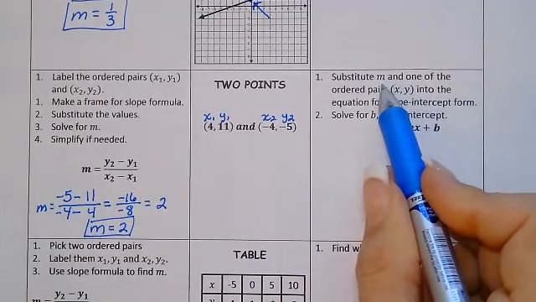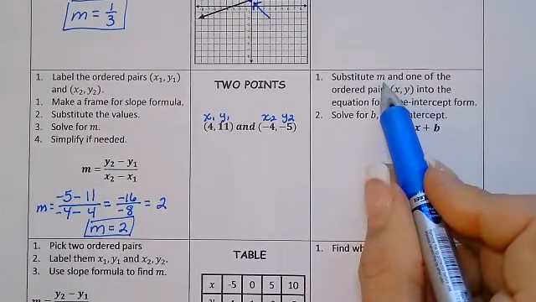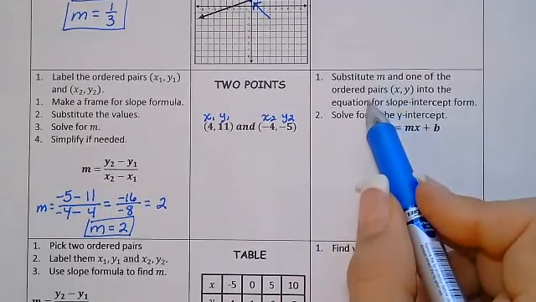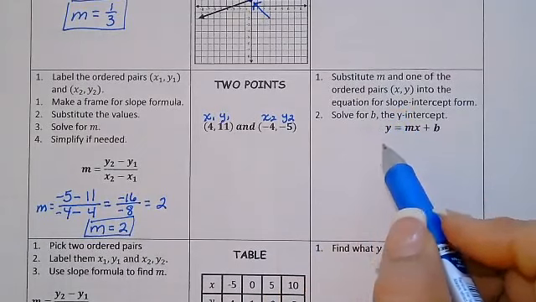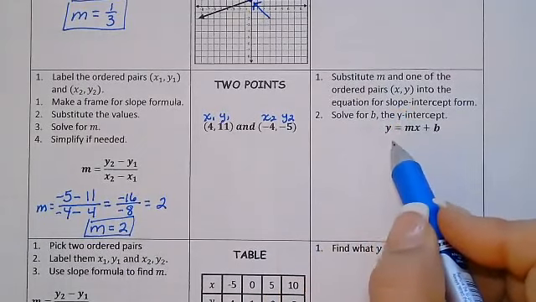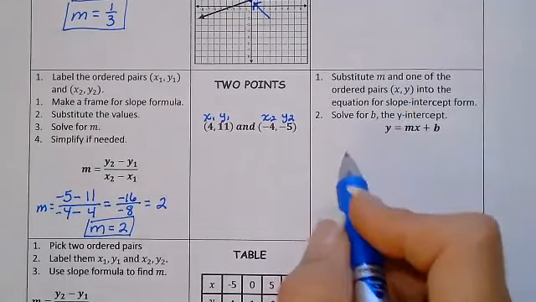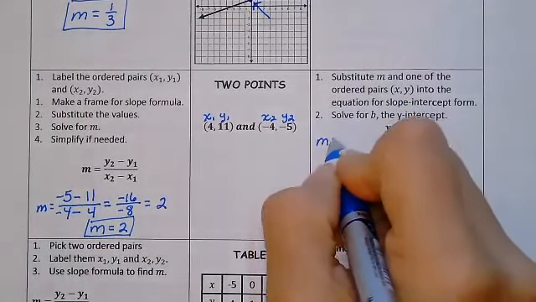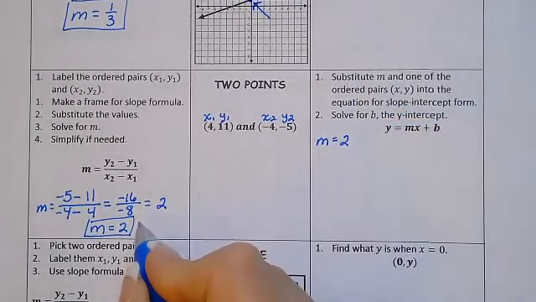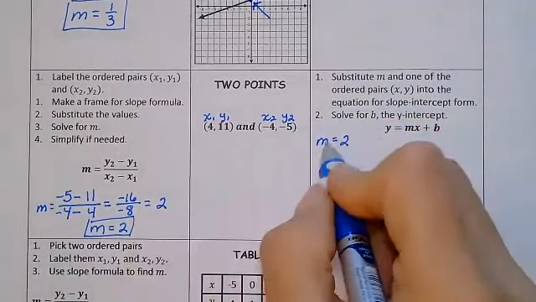Substitute m, which we just determined was 2, and one of the ordered pairs into the equation for slope-intercept form. Solve for b to find the y-intercept. So first of all, I found that m equals 2. The slope was 2. Now I'm going to pick an ordered pair.